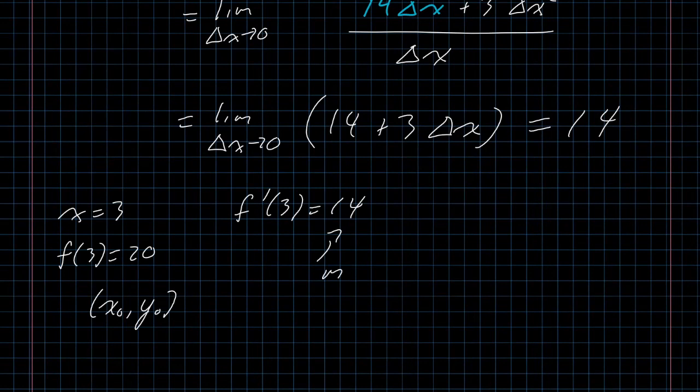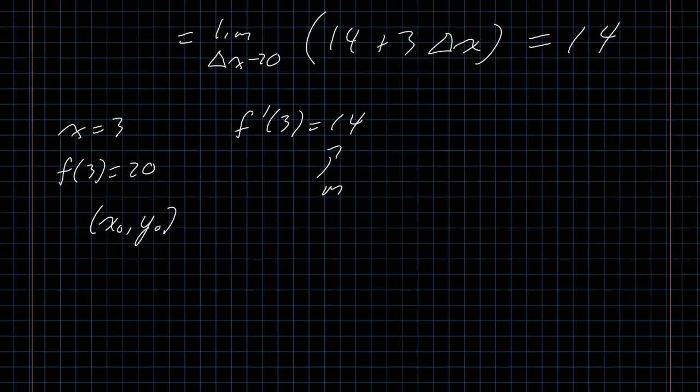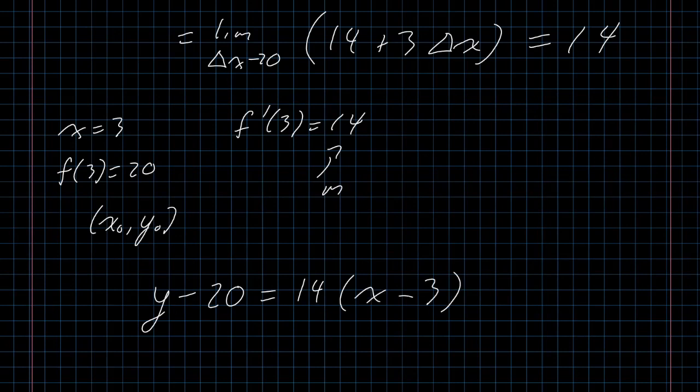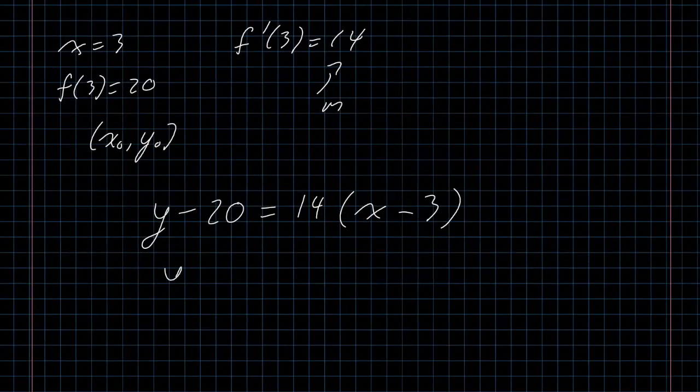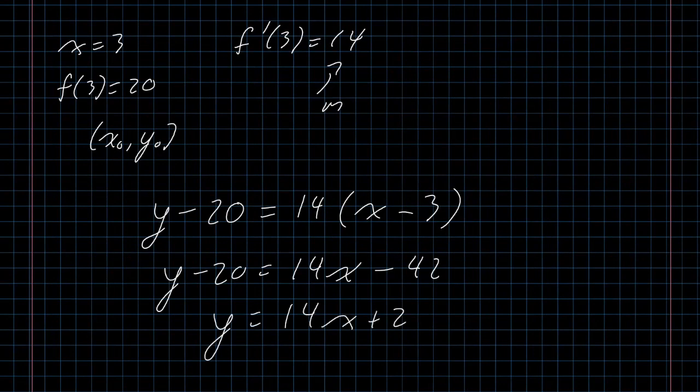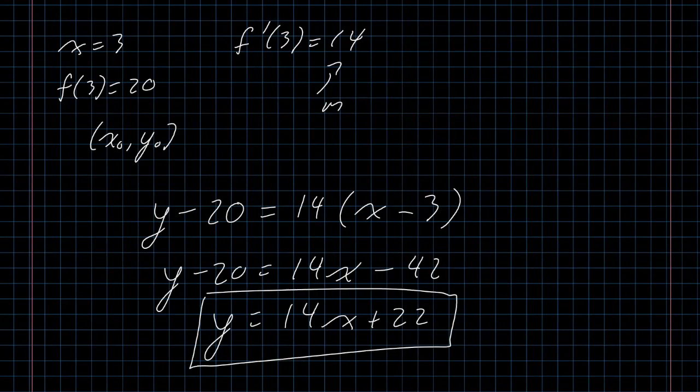And with that, we can write the equation of the line. y minus y naught, which is 20, is equal to m, which is 14, times the quantity x minus x naught, which is 3. Distribute. Rearrange. And there's the equation of our tangent line.